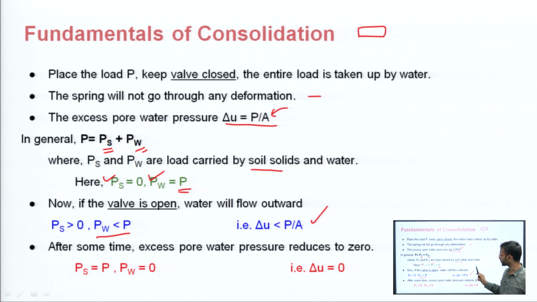So delta U comes out to be less than P by A, and after some time, when the excess pore water pressure reduces to 0, that is, it is completely neutralized, the entire load is taken up by the soil solids, or the spring as in this case. The pore water pressure reducing to 0 helps in mobilizing all the load to the soil solids.